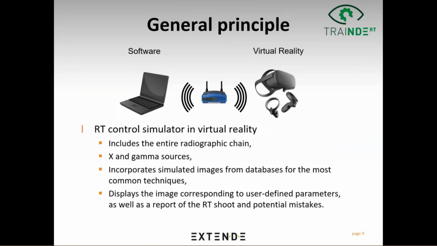We have thousands of images for every exercise, because of course the idea is to train people and to make mistakes or not. But if the trainee makes mistakes, you will see the wrong image, and understand why there is a mistake. And so we display the image corresponding to the user-defined parameters, as well as a report of the RT shot and also potential mistakes.